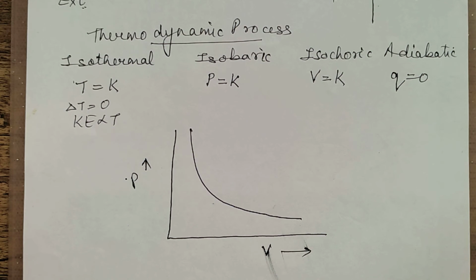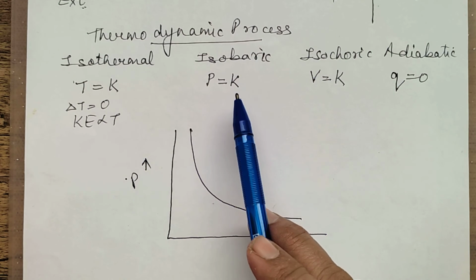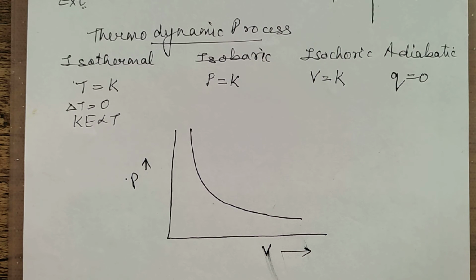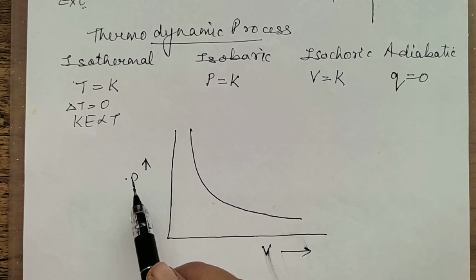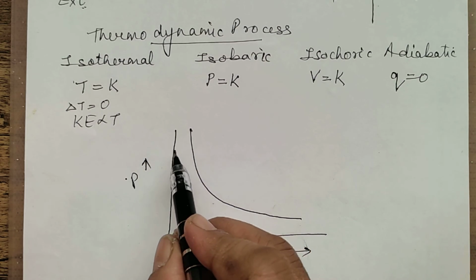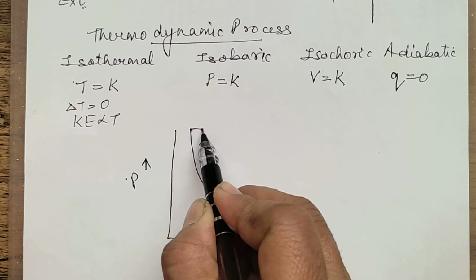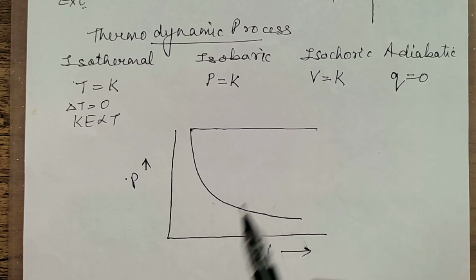Right? Now, suppose we are plotting a graph for the next one, that is at constant pressure. Constant pressure means this should not be changing. So this should not be changing means you will have a graph like this.